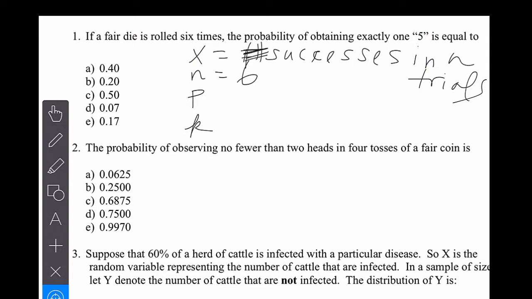It might turn up on the second roll, or it might not. It might not turn up on the third. What I'm interested in, out of the total 6 tosses, is the chance of getting exactly one 5.